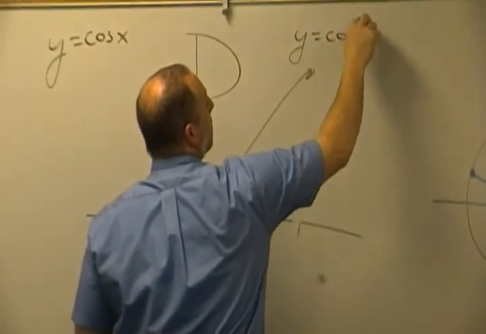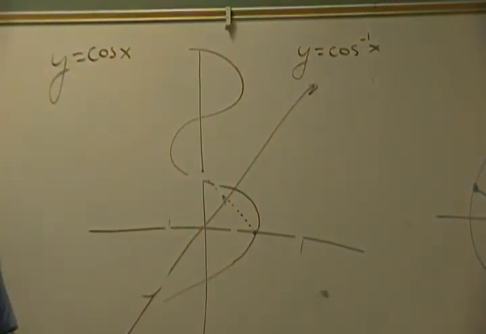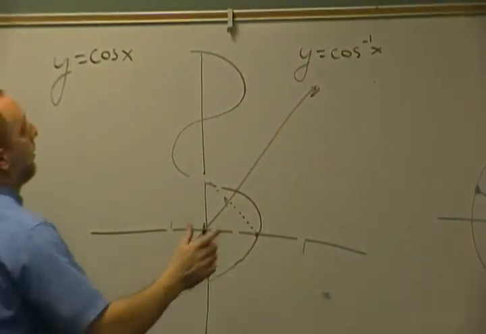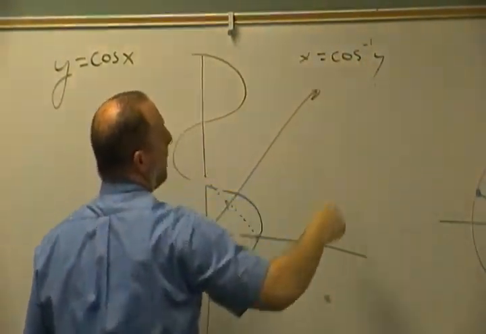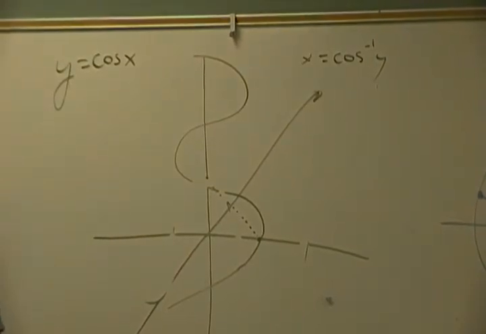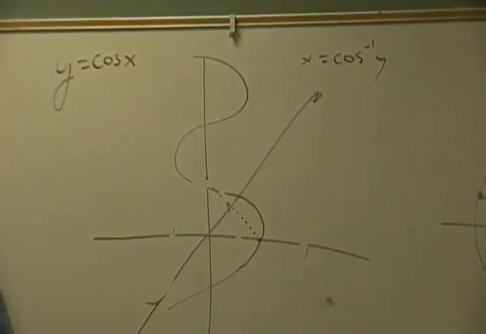This is y equals cosine inverse of x. Just like that. Okay, so now where do you take it?